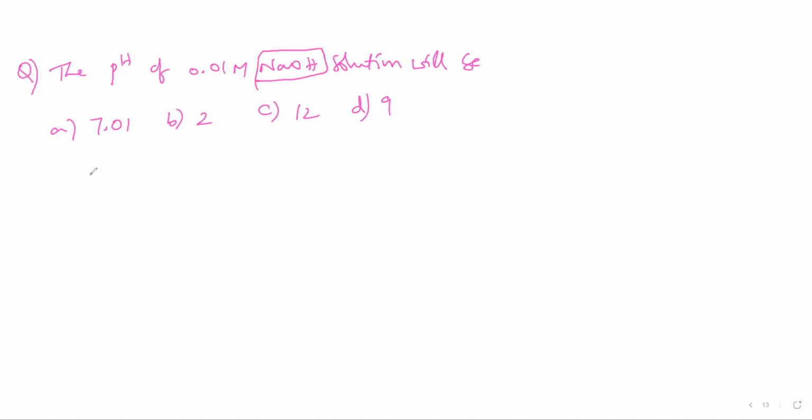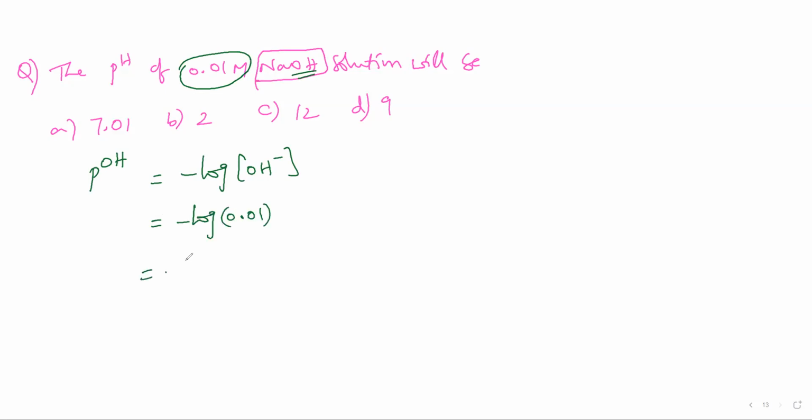So base is given means what can we consider? pOH. pOH is equal to negative logarithm of the concentration of OH minus ion. So what is the OH minus ion concentration? 0.01 molar. So negative logarithm of 0.01. How can we write 0.01? We write it as 10 power minus 2.